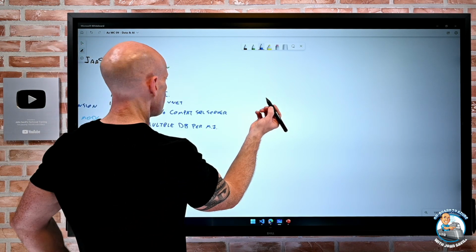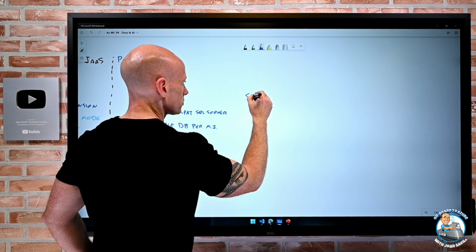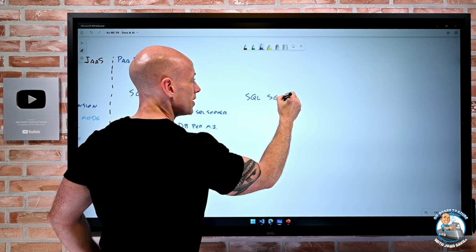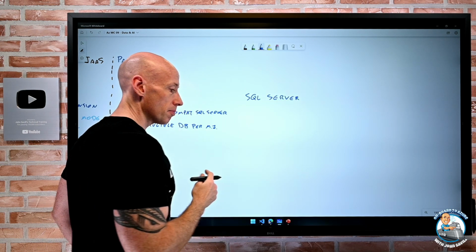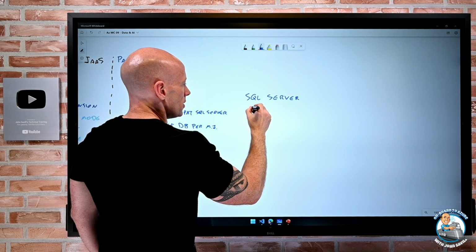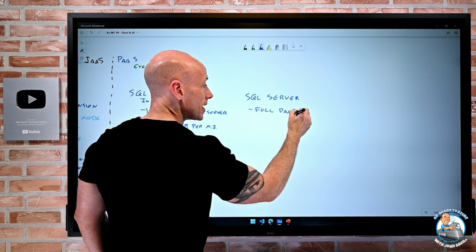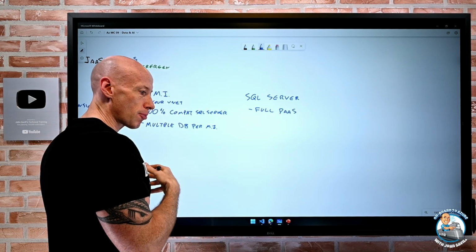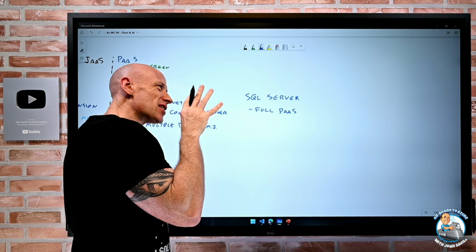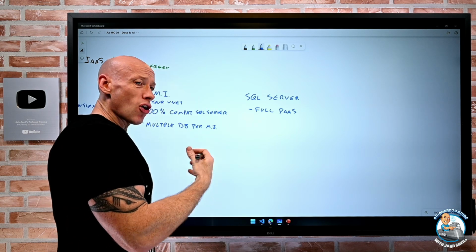It's just called regular SQL Server. So if you just see SQL Server, it's talking about the PaaS. I would think of full PaaS, but once again, it can still integrate into my virtual network through things like private endpoints.